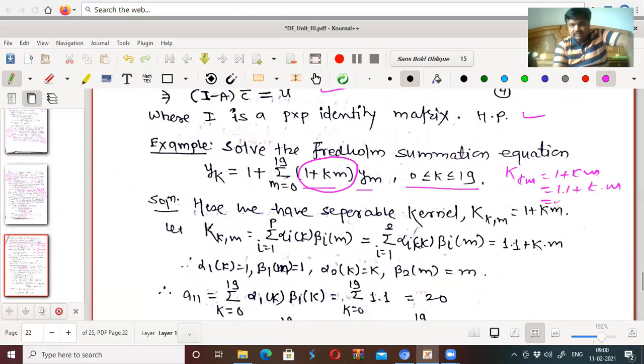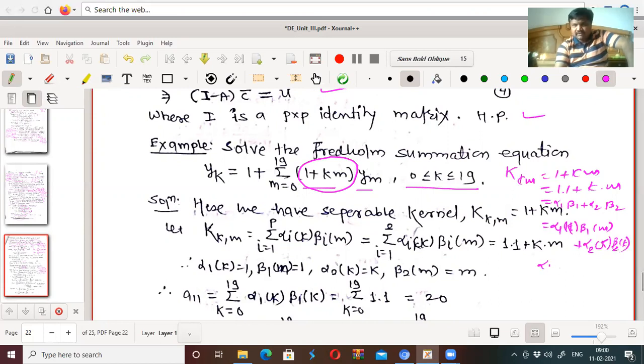This is alpha 1 beta 1 plus alpha 2 beta 2, isn't it? So this is alpha 1 of k beta 1 of m plus alpha 2 of k beta 2 of m.